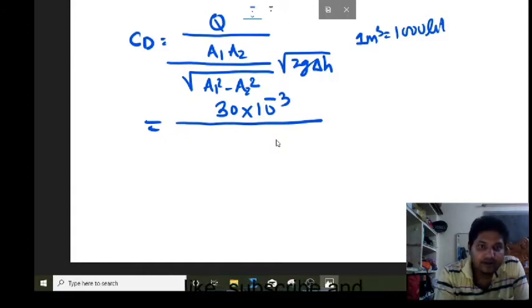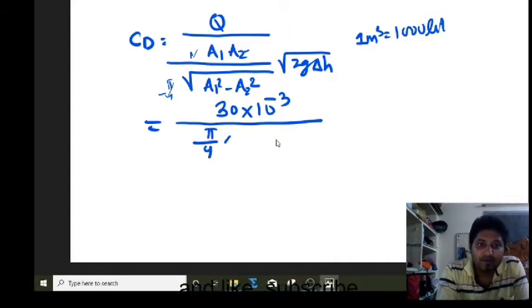See here it is pi by 4 d square, here also pi by 4 d square, but here pi by 4 whole square. If you take pi by 4 whole square out of the square bracket, one pi by 4 is gone, so only one pi by 4 will be there, and this one is d1 square.